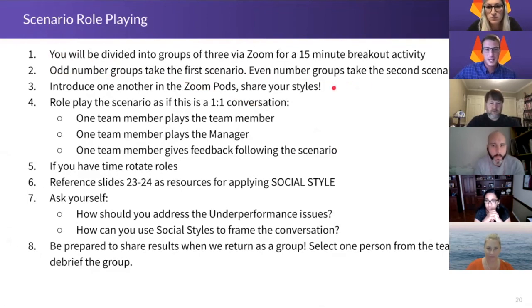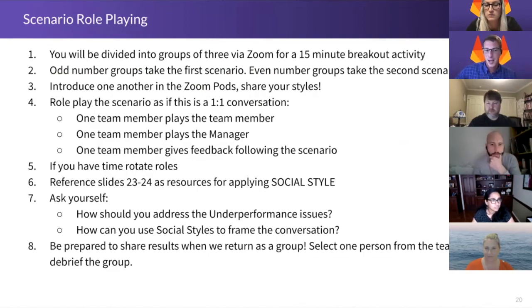Use this time to introduce one another in the Zoom pod, share your styles, and get to know one another. Being a part of this challenge pilot, you're part of this unique cohort of manager enablement. Then role play the scenario as if it's a one-to-one conversation between a team member and a manager, while the third person provides feedback and coaching following the scenario.